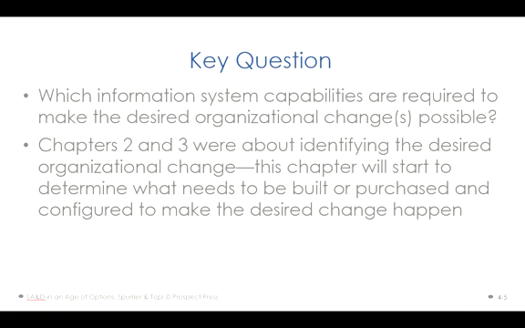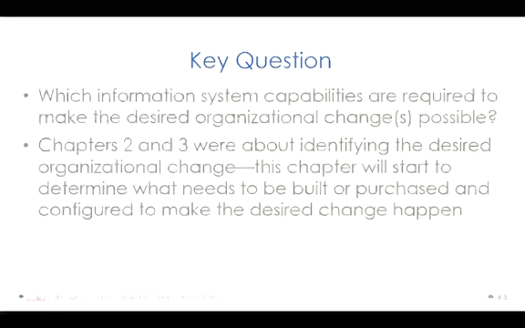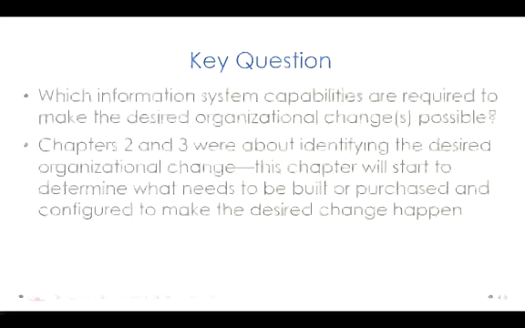And this change needs to be communicated between the person, maybe an end user, maybe a manager or a CEO. These persons need to communicate their ideas effectively to the system designer, the programmer, and something we call the system analyst.